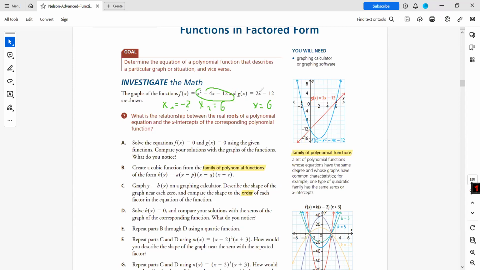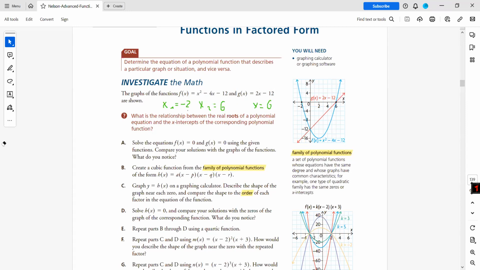And what we can see here is that we basically have the same basics for 2x minus 12, but here we have an additional term x squared. So it brings us to the idea that all of these functions are somehow related.